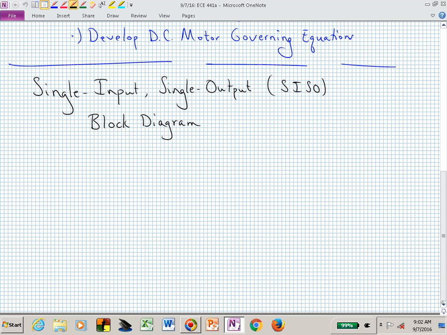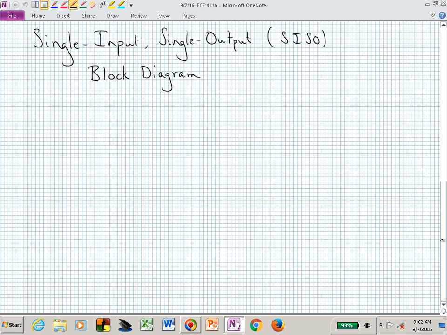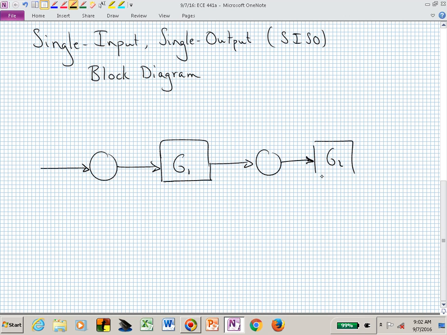Let's then start with the following example, which is single input, single output. And I'm drawing it so that you have time to sketch it also if you want to follow along.